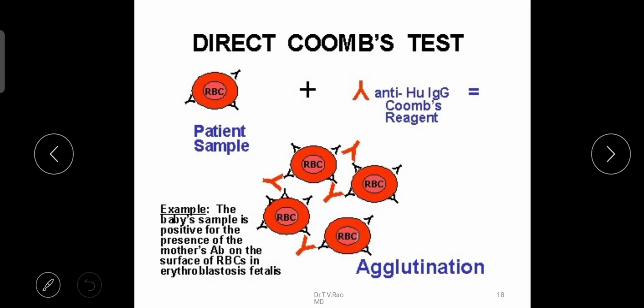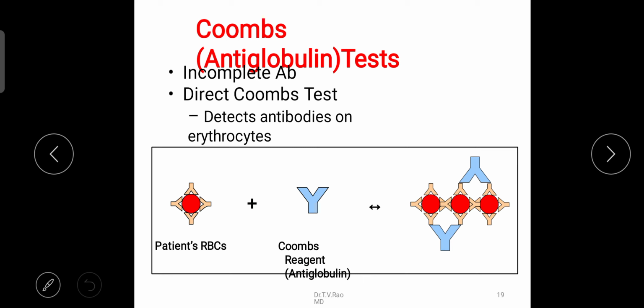In the Coombs test there are two categories, direct and indirect. In the direct one, the patient sample is collected and tested with the help of Coombs reagent. For example, the baby's sample is positive for the presence of mother's antibody on the surface of RBCs in erythroblastosis fetalis. The Coombs antiglobulin test detects incomplete antibody.